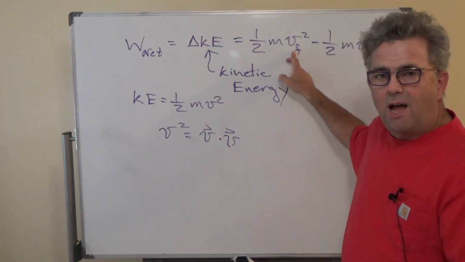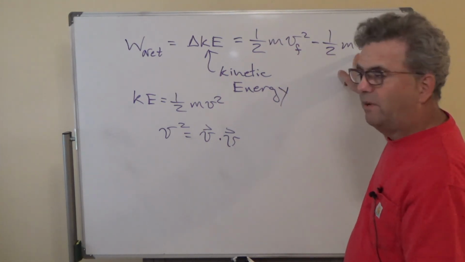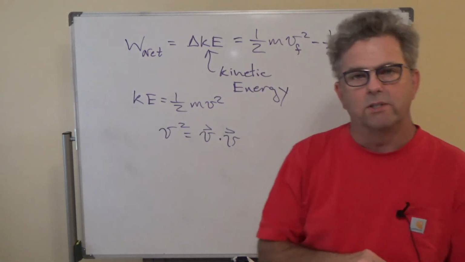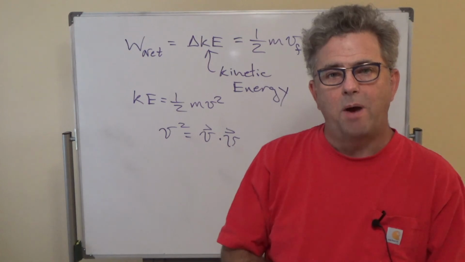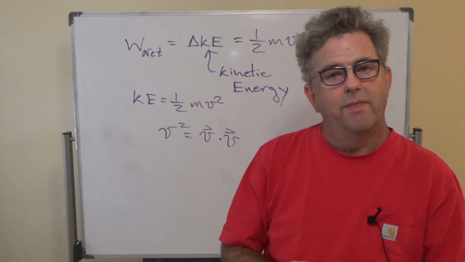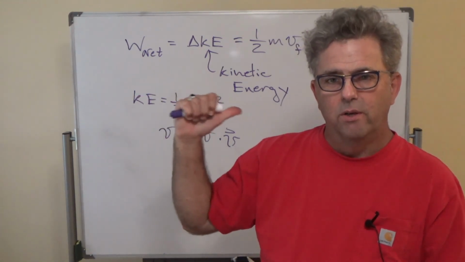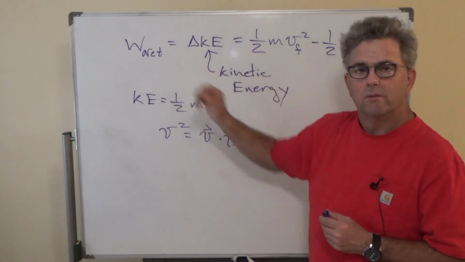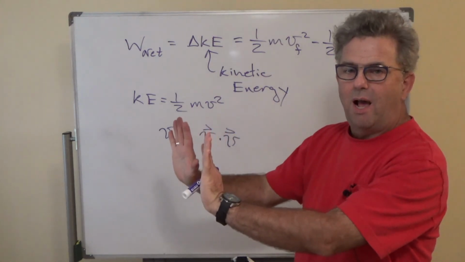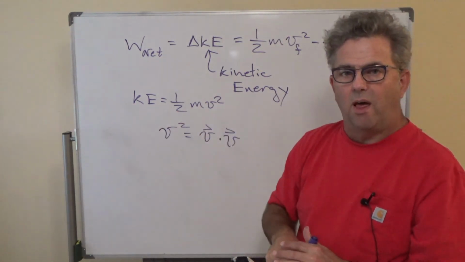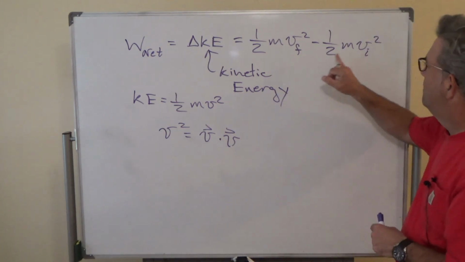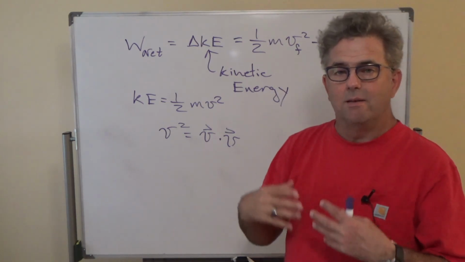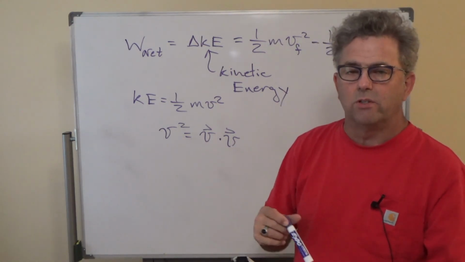If the final velocity is greater than the initial velocity, something did a positive amount of work on the system. There was a net positive amount of work. That would be like a force pushing an object, increasing its velocity, and v final is greater than v initial, then something did a positive amount of work on the system or the object.